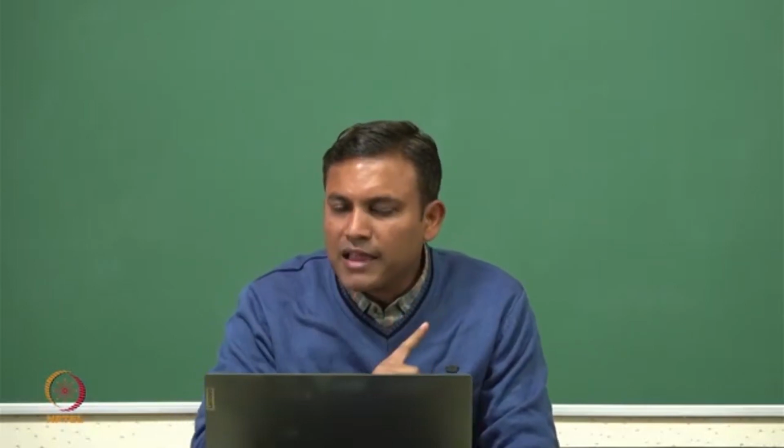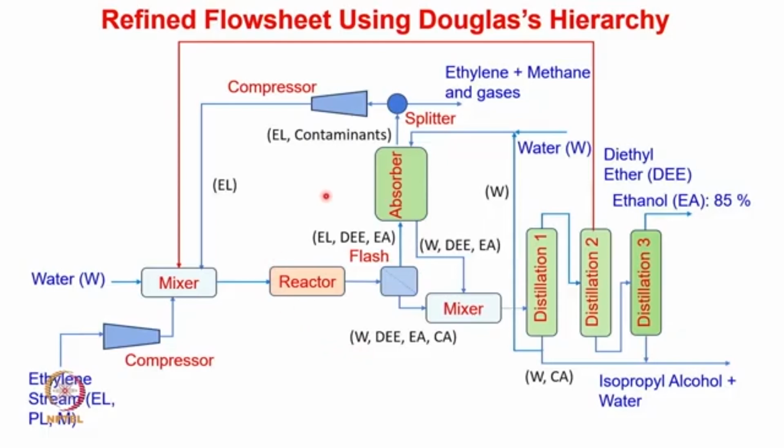Remember that in the previous figure which I have shown with respect to case study 1, we did not have this recycling of the diethyl ether. You can see that we have now recycled the diethyl ether back to the mixture, where the water and the compressed ethylene, propylene and methane feed is mixed, and this mixed feed is then charged to the reactor.